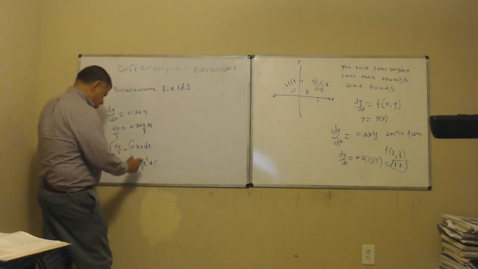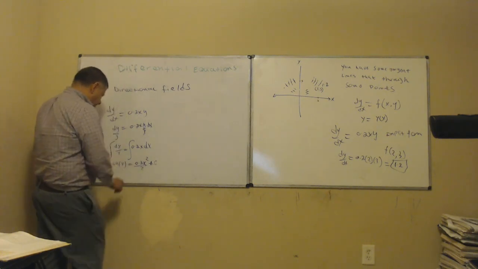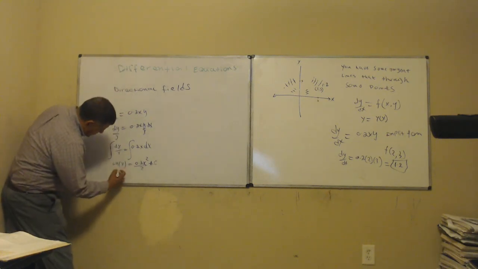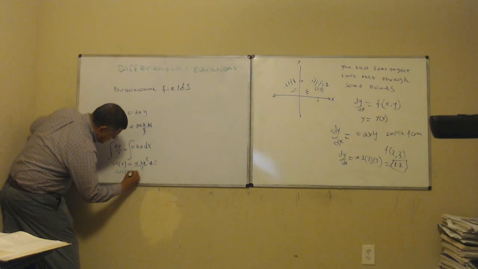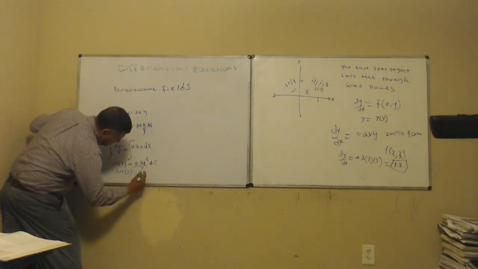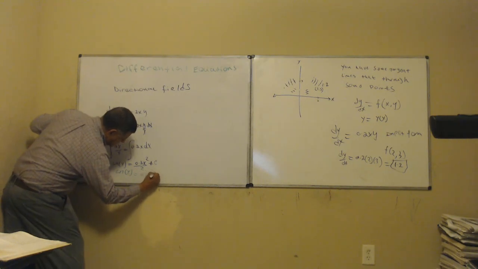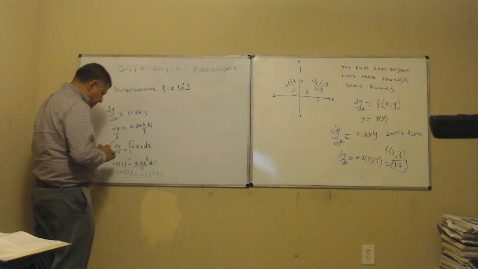Dividing that, I get that ln of y is equal to 0.1x squared plus c.